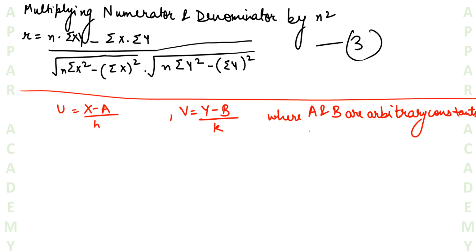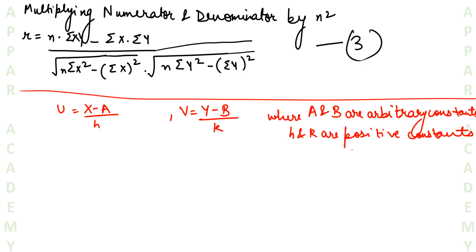and h and k are positive constants, right? So these are positive, and a and b are arbitrary constants because a and b can be negative as well as positive. Now we also know that if h and k are positive constants, that is, the constants that are impacting the change in scale are positive, right?